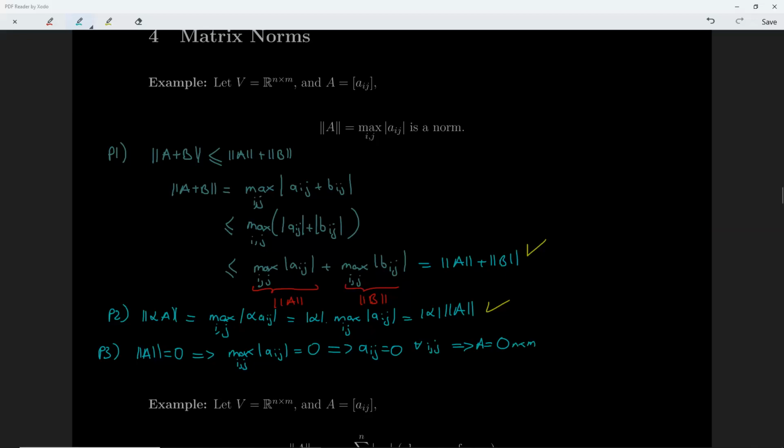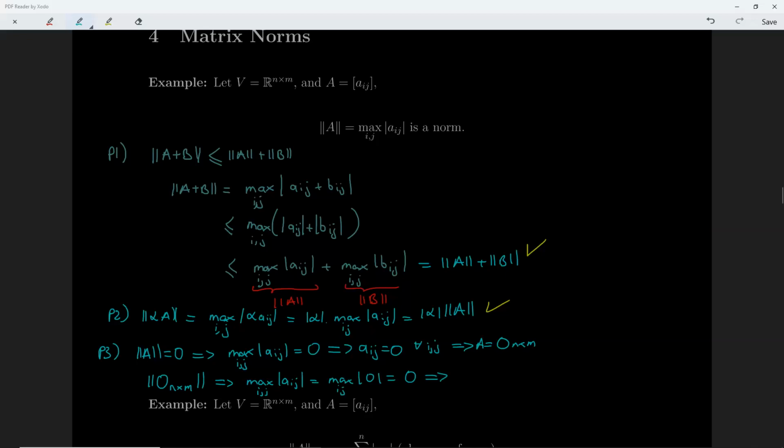And we also need to show that if A matrix is the 0 matrix, then its norm according to that definition should be equal to 0. So if we look at this n by m 0 matrix, if we apply the norm definition, the max over ij of absolute value of Aij is going to be max over ij of absolute value of 0, and that will be simply equal to 0.